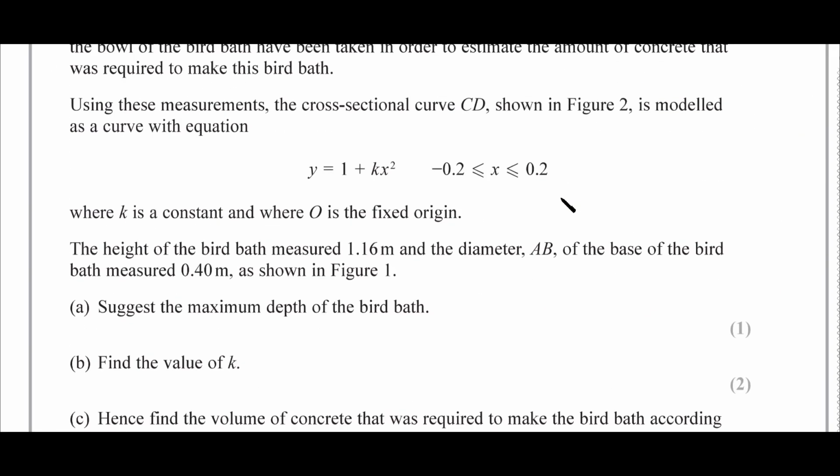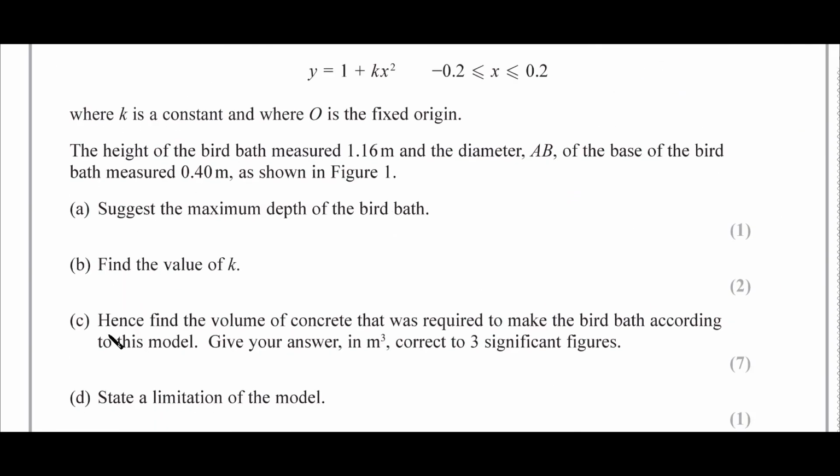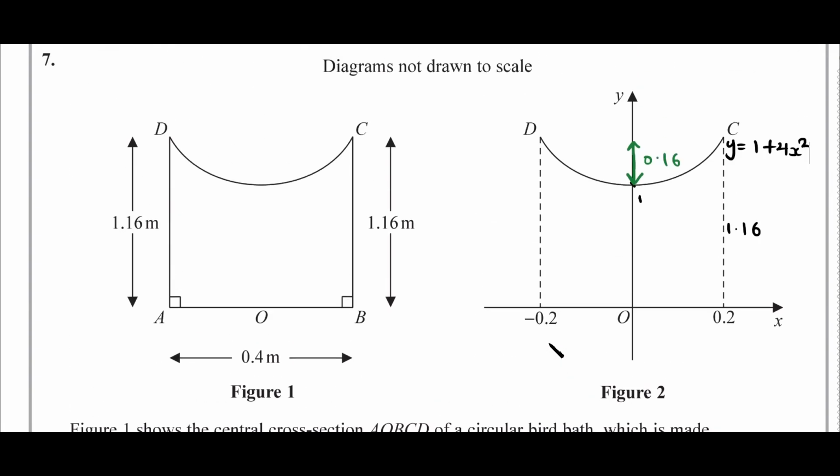Now, for part C, we have to find the volume of concrete that was required to make the bird bath according to this model. Give your answer in meters cubed, correct to 3 significant figures. Essentially, we want to find the volume from the area AOBCD.